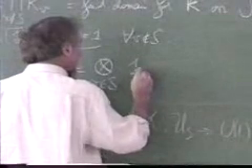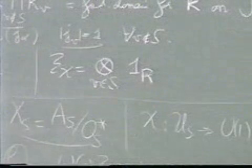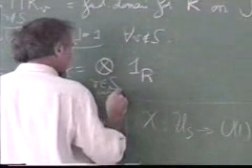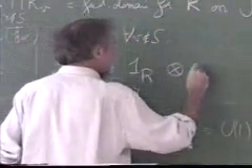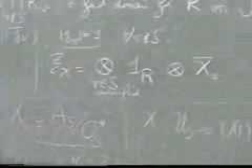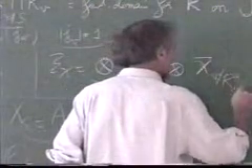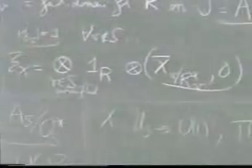It will be 1_R for the places where the character is unramified, and for the other places it will be chi bar, the conjugate of the local character at v, restricted to R star v, and 0 elsewhere. I hope this is clear.